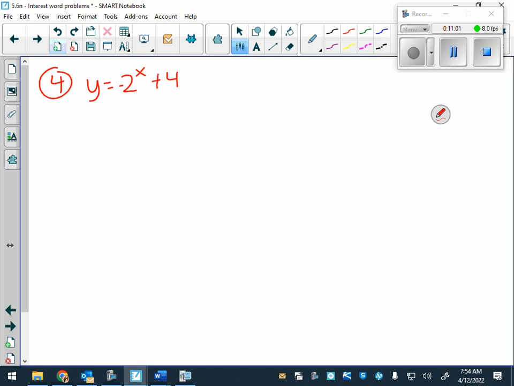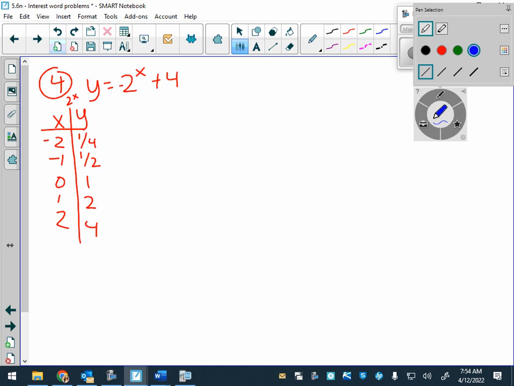So this one, you would start off your table of values with 2 to the x first. Okay? So 2 to the x is 1/4, 1/2, 1, 2, and 4. Okay? Your original parent function.